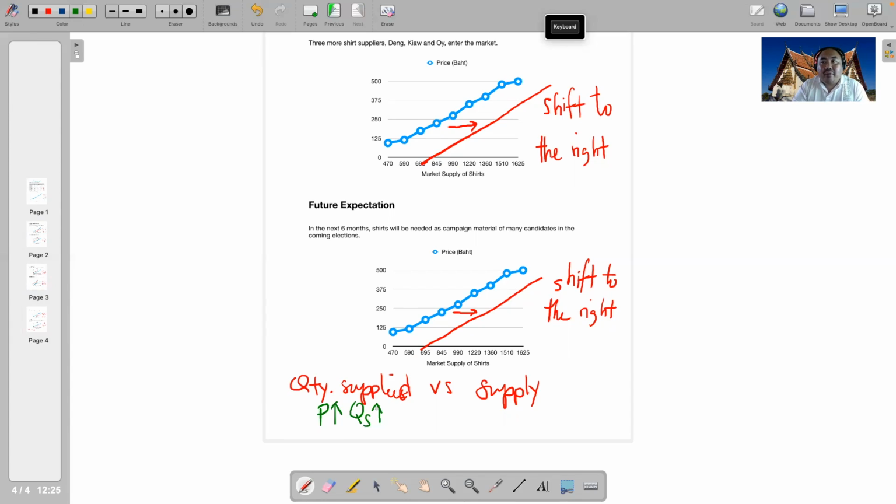Movements in supply, however, are determined by non-price determinants of supply. And what we are talking about here are shifts to the right or left.